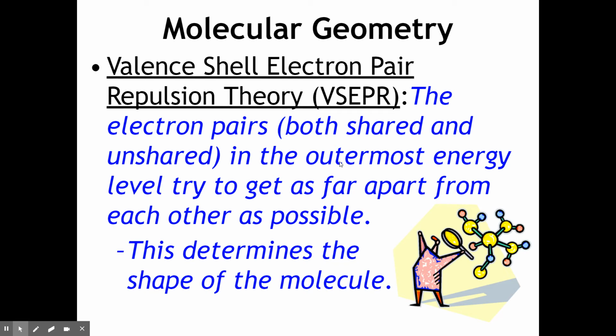VSEPR theory, or valence shell electron pair repulsion theory, states that the electron pairs, both shared and unshared, in the outermost energy level try to get as far away from each other as possible. So they kind of push against each other. That push, or repulsion, determines the shape of the molecule.